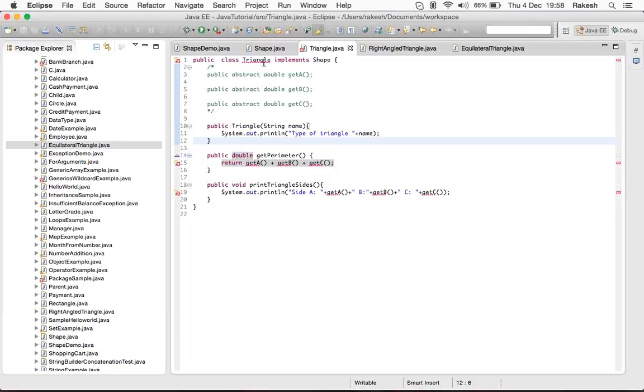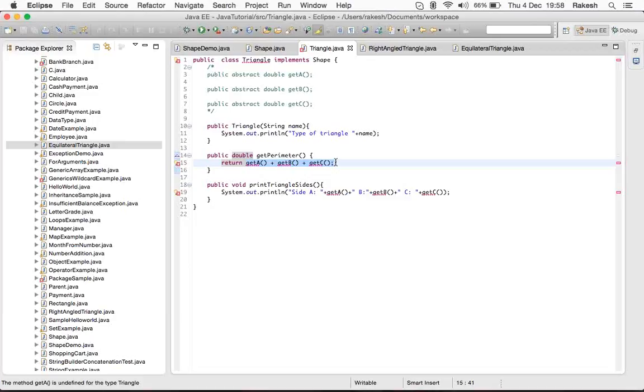Here my triangle has no way to identify what the sides are. We said it's a superclass, but the superclass needs these three pieces of information. Without them, it cannot calculate the perimeter, so that means my triangle is abstract.